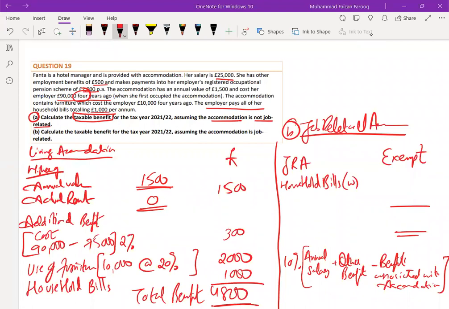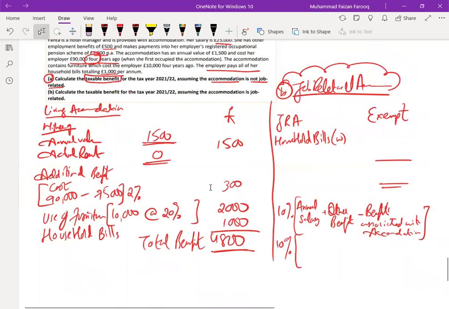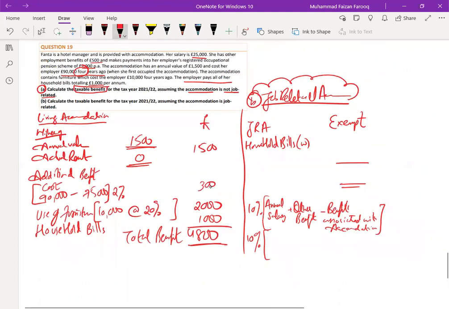Now, job related accommodation related benefits will be calculated as follows. The formula is 10% of annual salary. Annual salary is given in the first line of the question, 25,000. So 25,000 is annual salary plus other benefits, which they provide you, like car, other than accommodation related benefits, minus benefits related to accommodation.